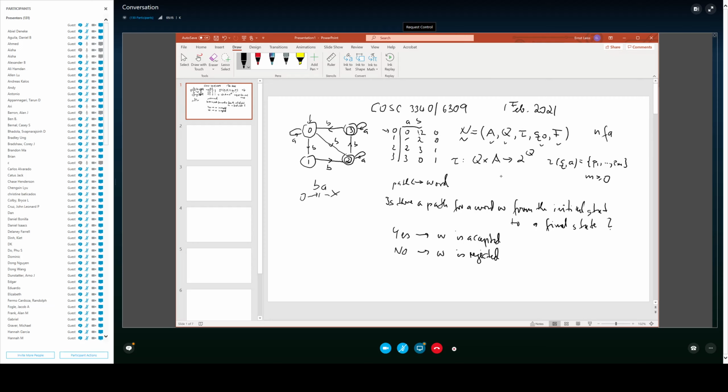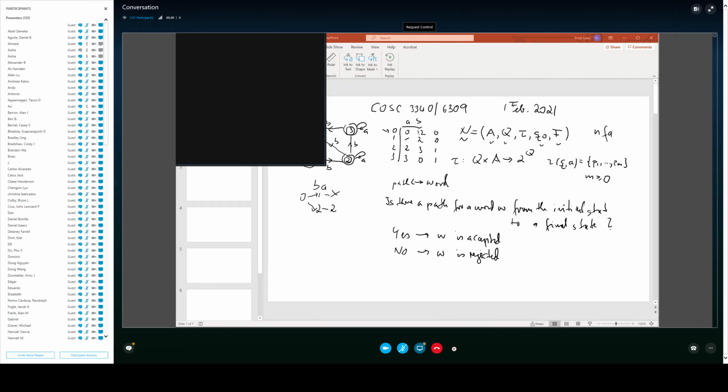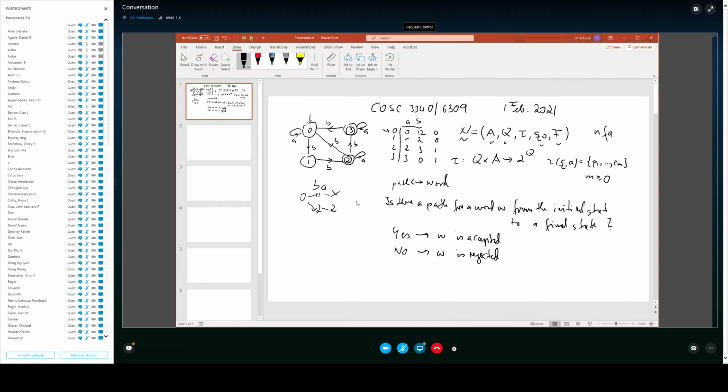But that's of course not the only path. We can go from 0 to 2, and then we go under A to 2 again, and 2 is an accepting state, and therefore the word is in fact accepted. BA is accepted by this non-deterministic finite automaton because we have a path that goes from the initial state to a final state.